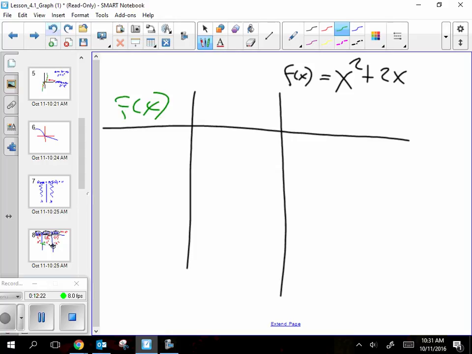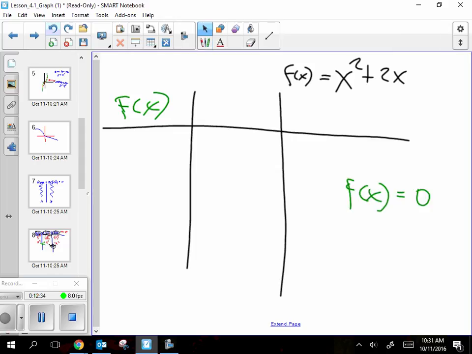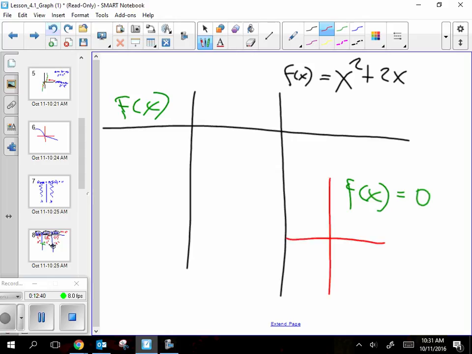F of x is the first thing we start with. But are you saying would f of x equals 0 be a function? I'll put it this way.